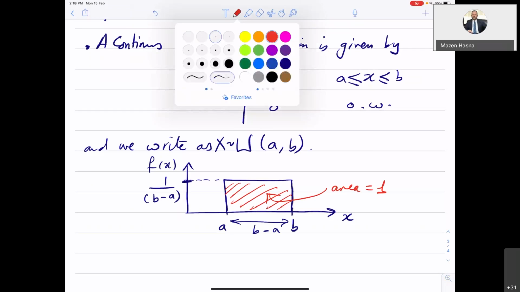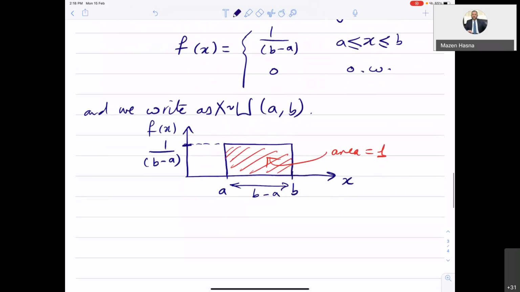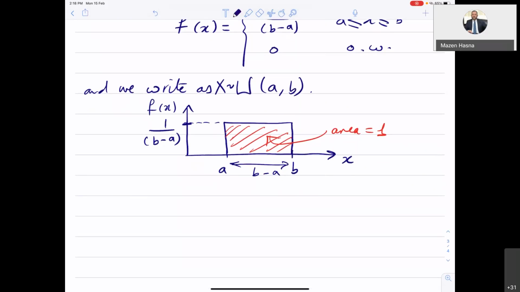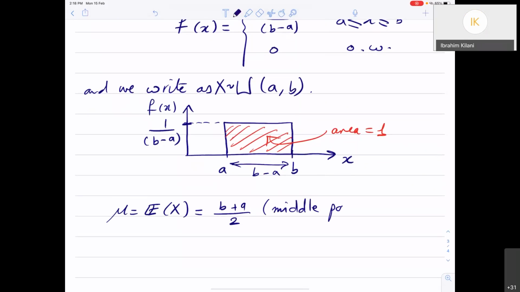Can you guess what's the mean of a uniform distribution? b minus a over 2? Are you sure? b plus a over 2. Yes, b plus a over 2, which is the middle point.